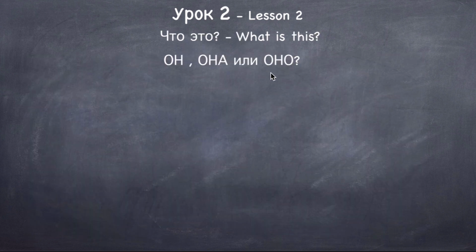Good. So let's do this practice, determining whether the noun is он, она или оно. Семья. Семья – это она. Молоко. Молоко – это оно.